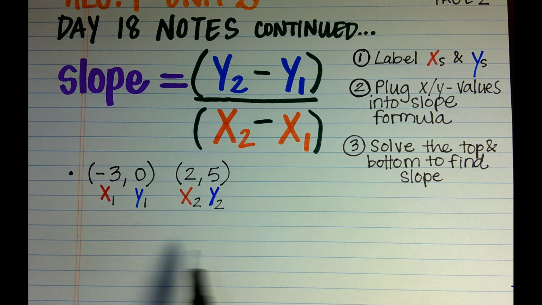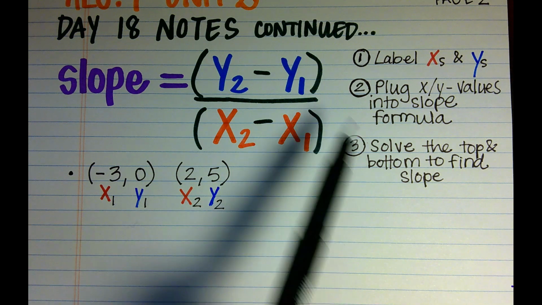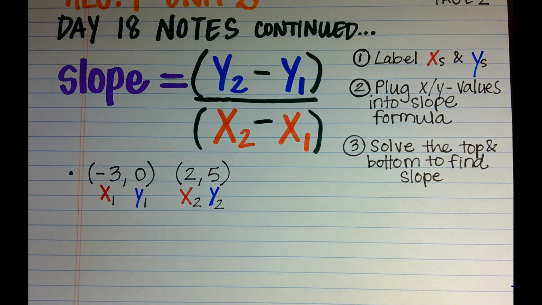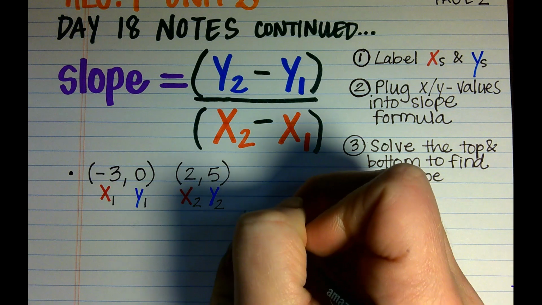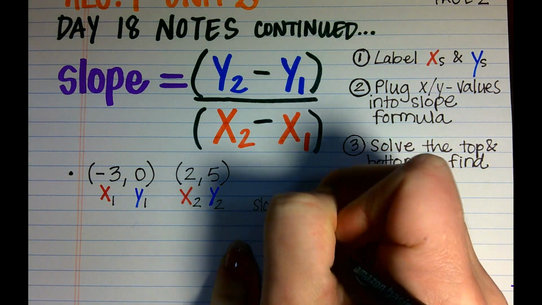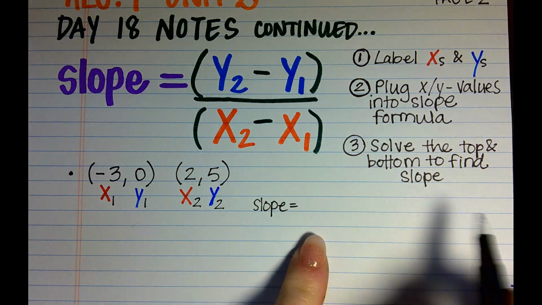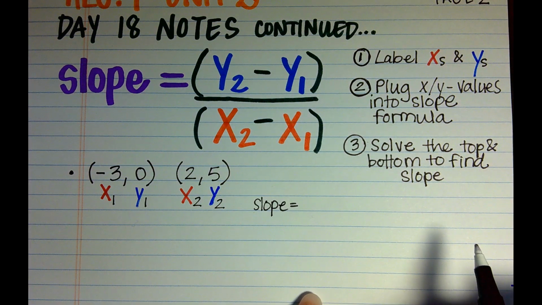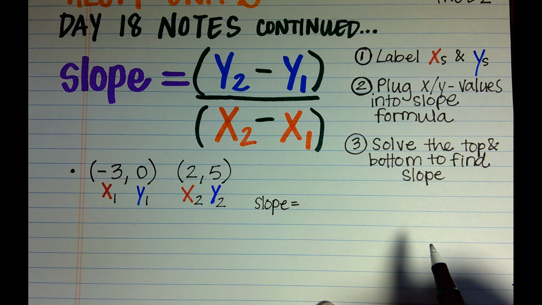Who feels confident enough to guide me through what I need to write in each space for my formula? Does anyone think they can guide me through? I'll try. Okay, go ahead, Jenny. So I'm finding my slope. I'll go ahead and write slope equals. What goes first? Well, the y2 is gonna go.